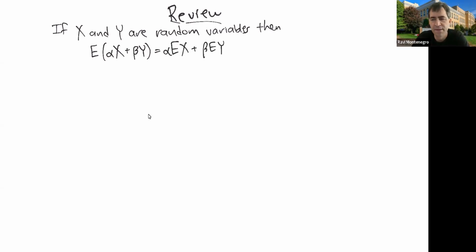So it just means that we have what's called linearity of expectation. And we can also say that the expected value of a sum is the sum of the expectations.